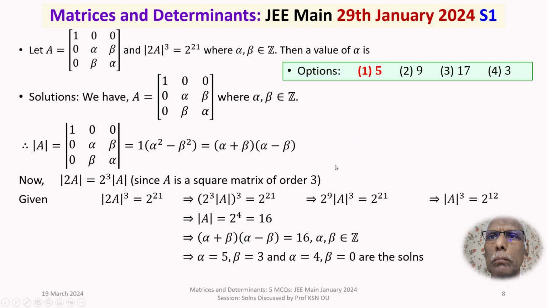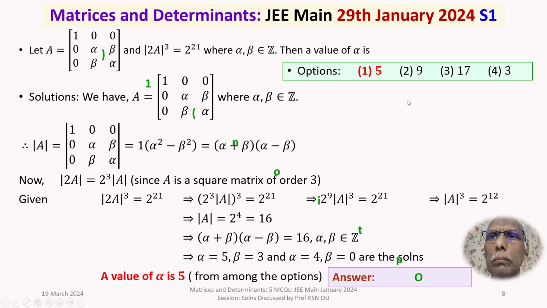So therefore, the value of alpha is 5 from among the options. Therefore, the answer to this question is option 1. So that is the detailed discussion of the solution of the given problem, and it is definitely an easy problem. I am sure that you have understood the solution of this problem.